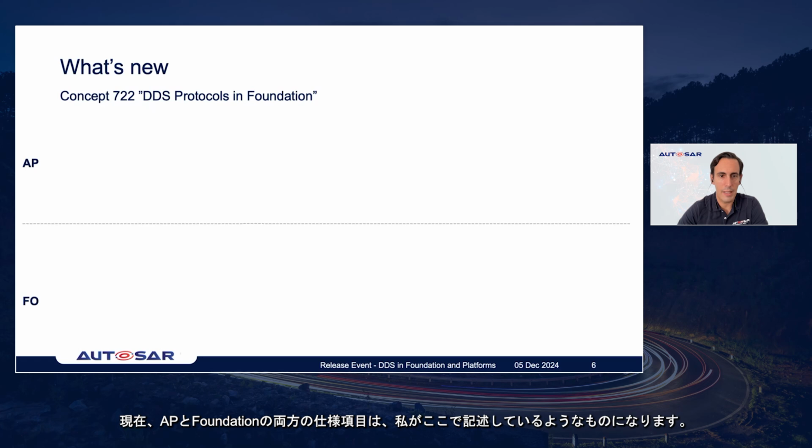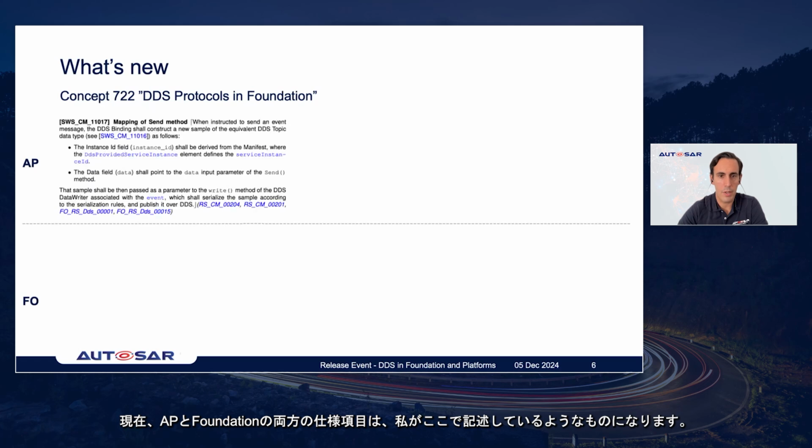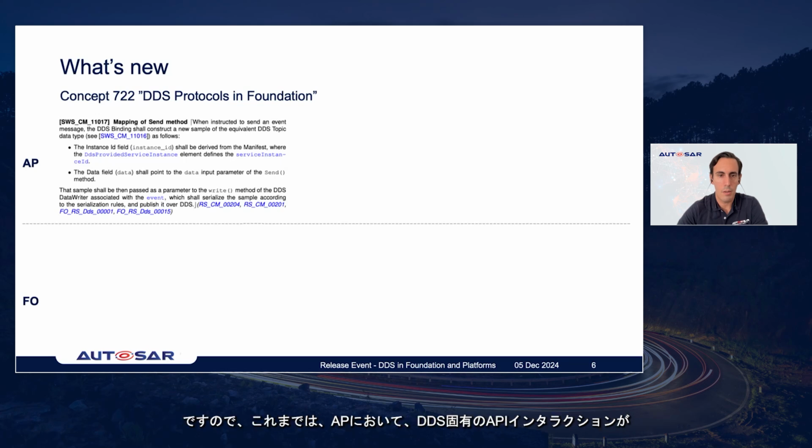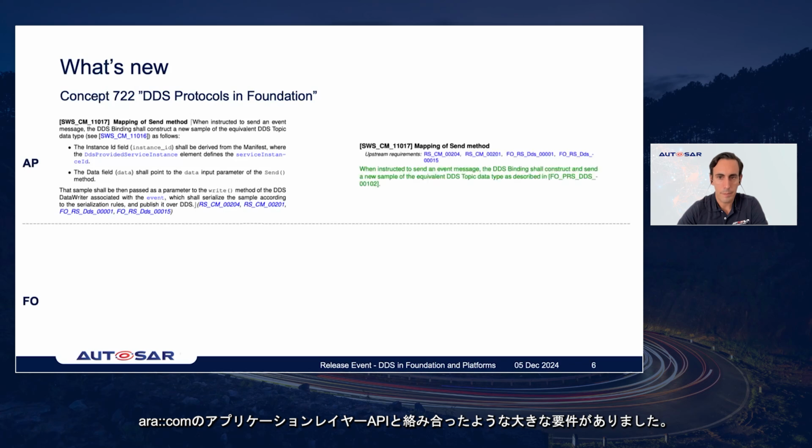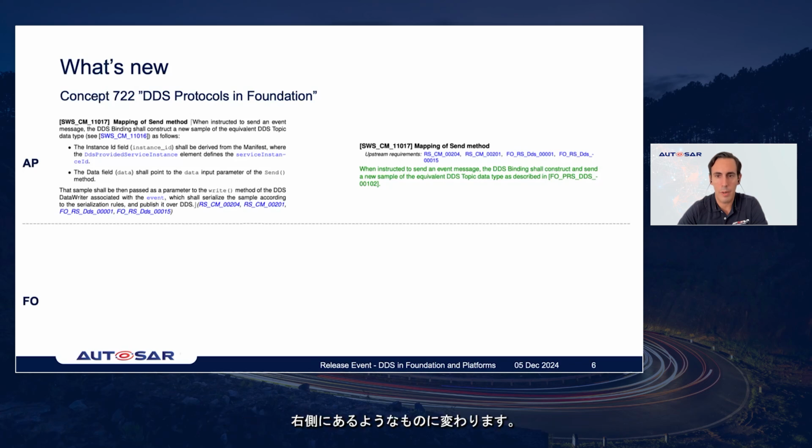So now the spec items in both AP and foundation look like I'm depicting here. So before all of this in AP, you will have these big requirements that kind of intertwine application layer APIs from ara::com with DDS specific API interactions. And now that very same spec item from the adaptive platform looks like what we have on the right side.